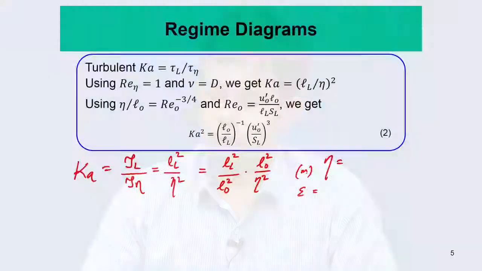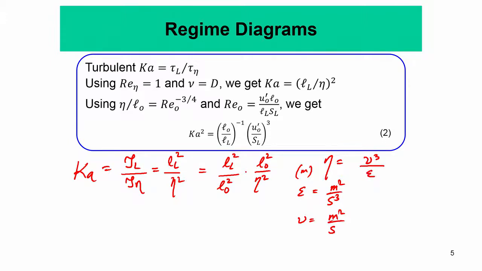So, eta has units of meters, epsilon, the turbulent kinetic energy dissipation rate, has units of meter square per second cube, and nu has units of meter square per second. Then eta must be defined, eliminating s, as nu cube by epsilon to the power of 1/4, and that is the definition of the Kolmogorov length scale.